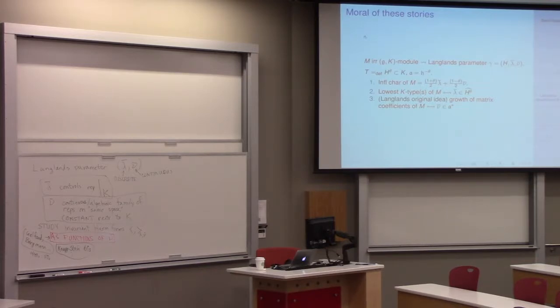If you have a linear map from V to the dual of W, then given any element of V, you can apply the linear map to it, and you get a linear functional on W. So you can apply Tv to w and get a complex number. That's the pairing.